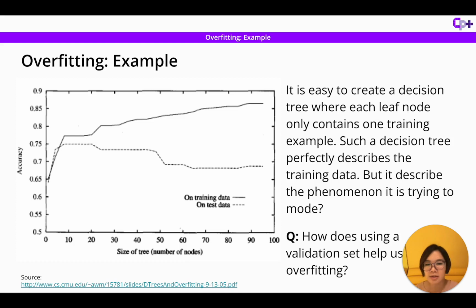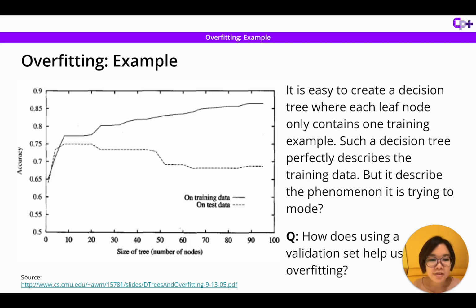If that's the case, it models my training data very well, because it knows that if I see this, it's definitely this answer. Like some of you, when you memorize answers: you see this, I'm just going to answer A; I see this, answer is C. But then if I give you a new question, maybe I change the numbers, suddenly I don't know how to do it, because I have never seen these conditions before.